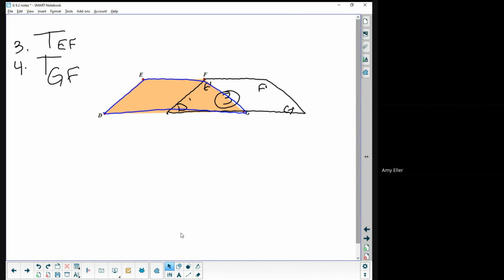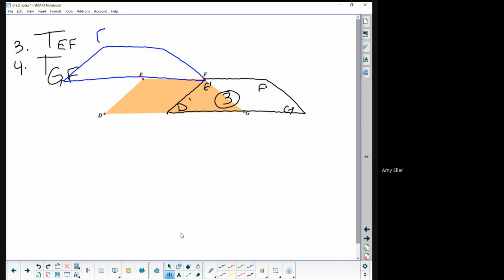G is going to F. Let's see. Do you think that's something you could do without the patty paper? It's totally up to you. You just think about sliding it, and you can do it with or without.